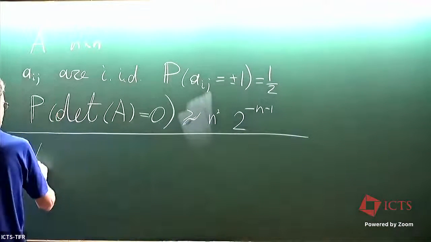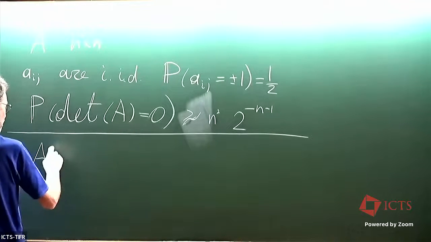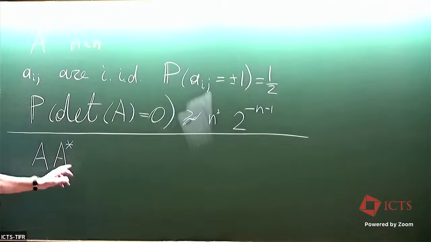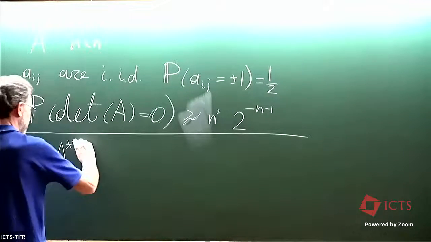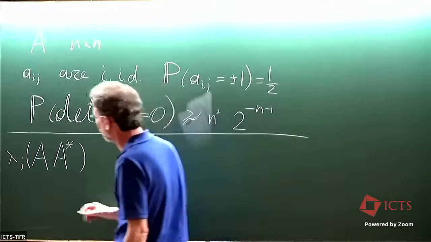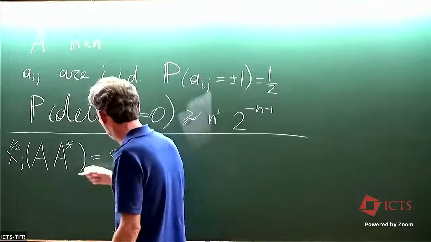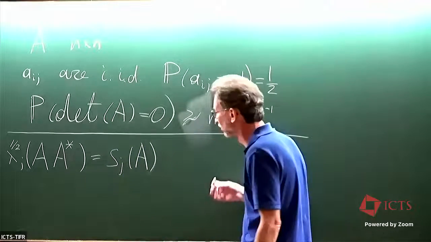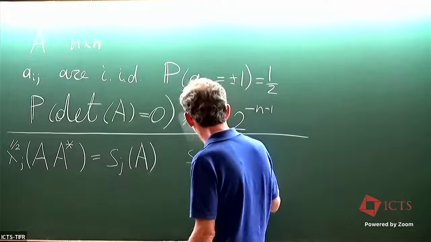So if we have a matrix A, we can consider the matrix A A conjugate, real or complex, and we can consider the eigenvalues of this matrix. These are non-negative numbers, so if we take the square roots, we get what is known as the singular values of A, and we traditionally arrange them in decreasing order.